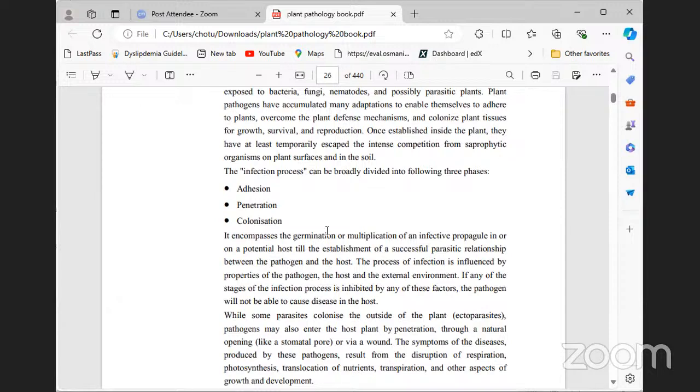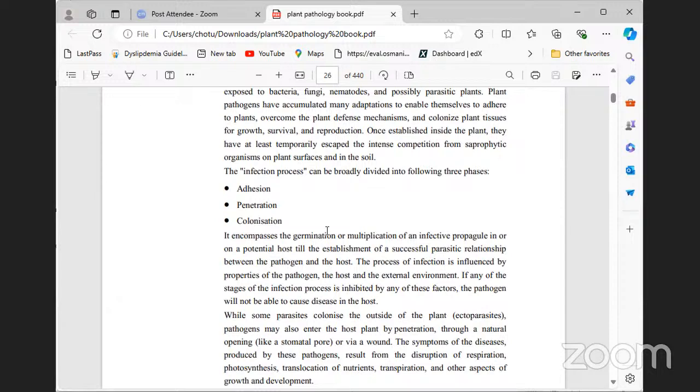Penetration happens through a natural opening. Where in the plants are the natural openings? Best example, stomata. In the plants, transpiration and gas exchange, oxygen exchange, happen through the stomata.